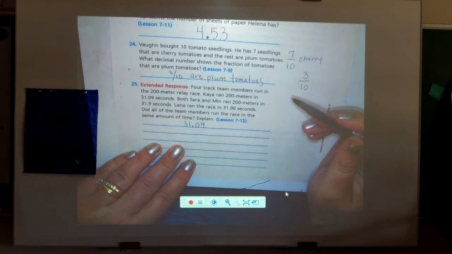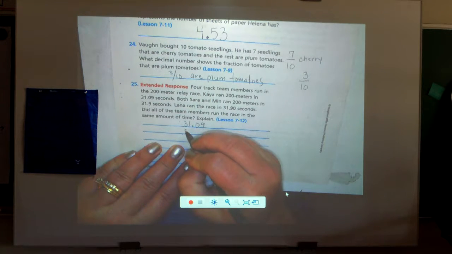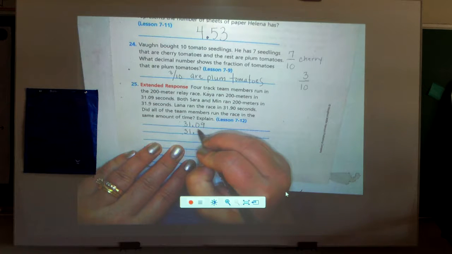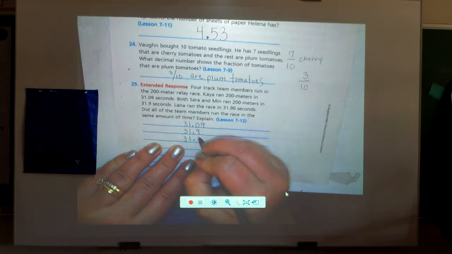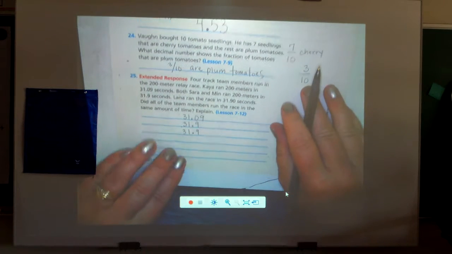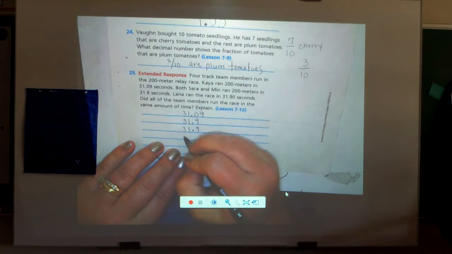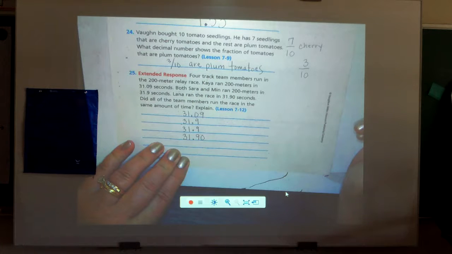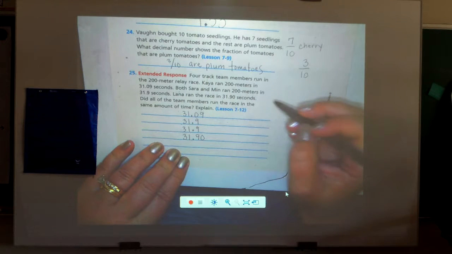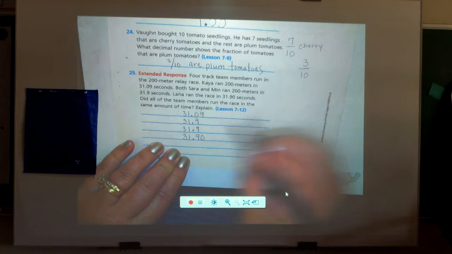Both Sarah and Min ran the 200 meters in 31 9/10 seconds. And Lana ran the race in 31 90/100ths. Oh, I'm sorry, it's not minutes, it's seconds. Did all of the team members run the race in the same amount of time?